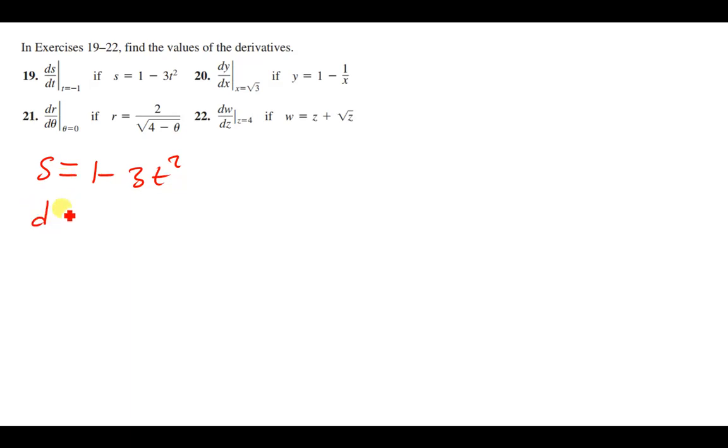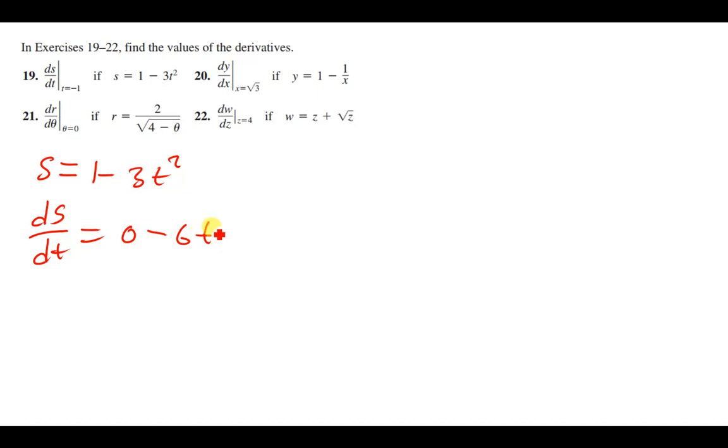To find ds/dt, the derivative of any constant is simply 0, so the derivative of 1 gives us 0. Then the derivative of negative 3t to the power 2 is found by multiplying the power by the coefficient of t: 2 times negative 3 gives negative 6.